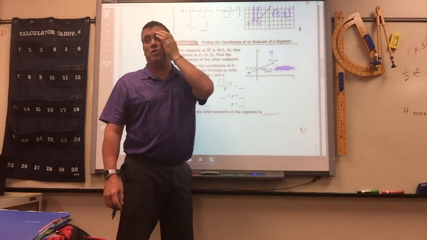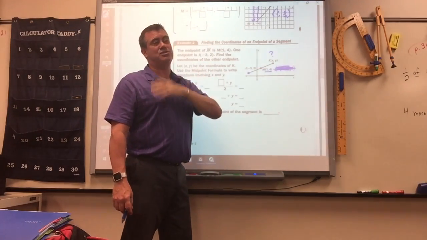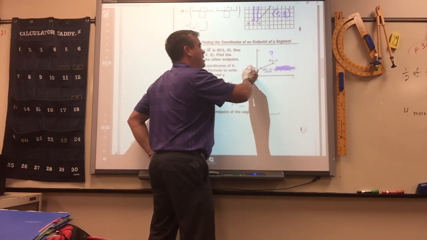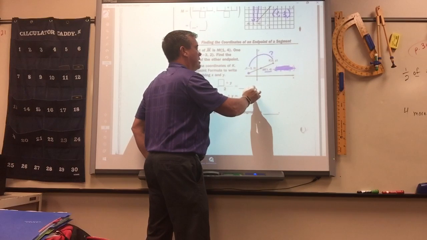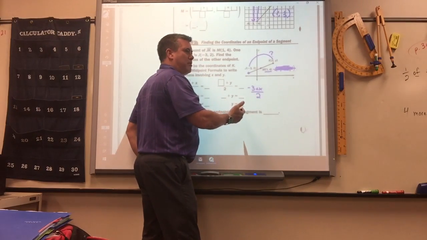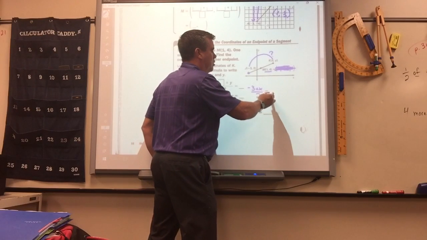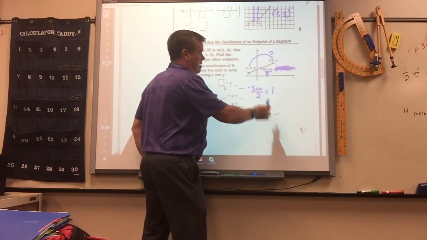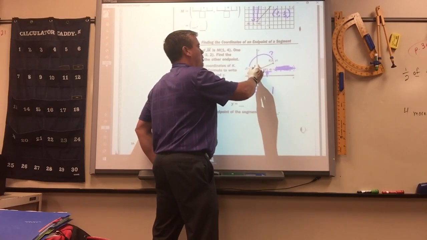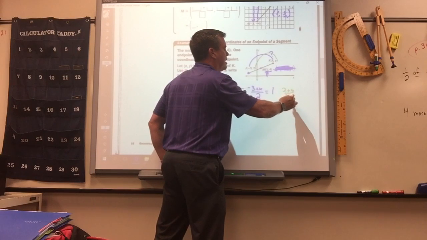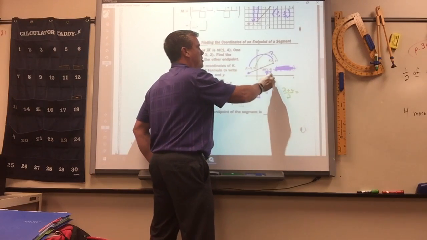If you write this equation down, they're solved exactly the same way every single time. You just take the x plus the x, negative 3 plus x, divided by 2, because that's the midpoint formula, which turned out to equal 1. And then to find the y, it was the y plus the y, 2 plus y, divided by 2, which turned out to equal 4.